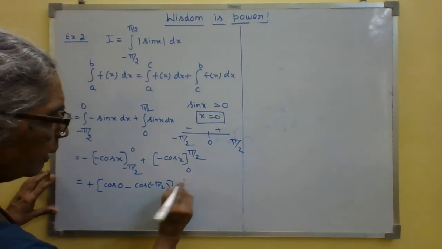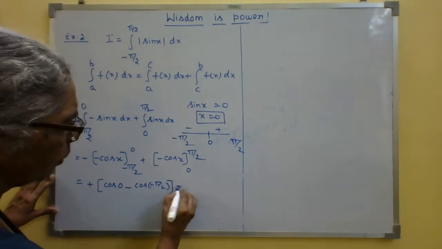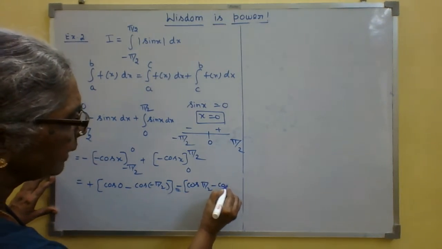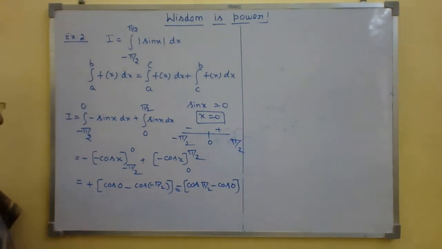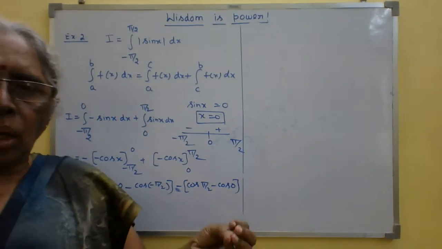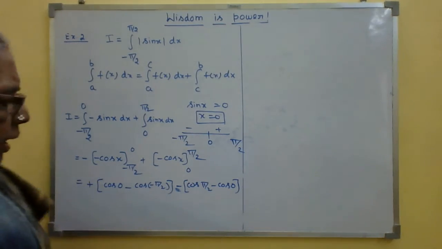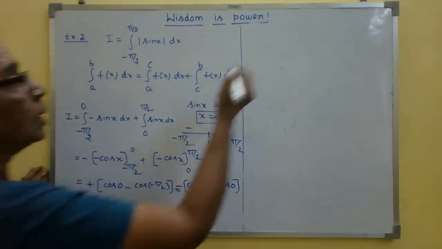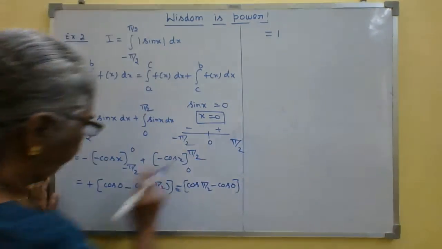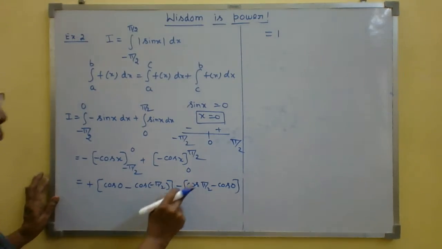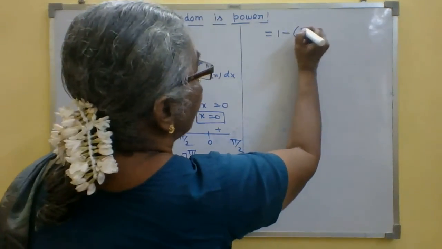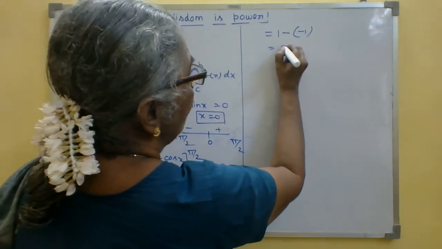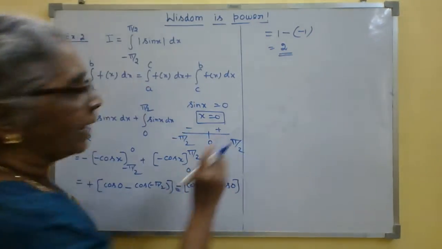Then plus, you can take this minus out actually. You can write a minus cos pi by 2 minus cos 0. You all know cos 0 is 1 and cos pi by 2 is 0. Even cos of minus pi by 2 is 0. So you will get actually 1 for the first part, 1 minus 0. There is a minus here. Then here it is minus 1. So 1 minus of minus 1. So 2 is your answer.